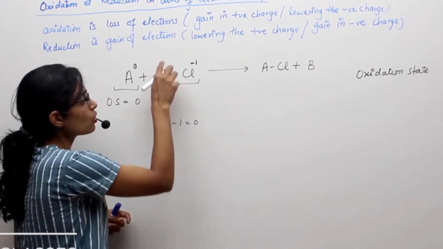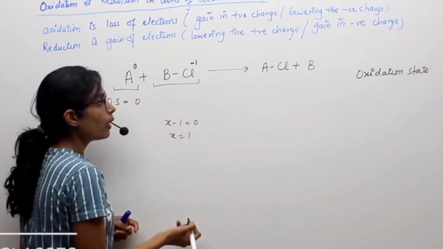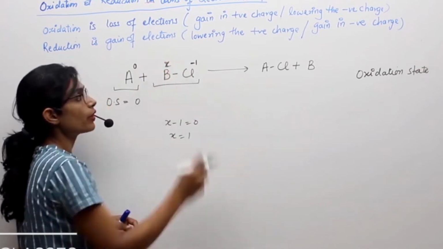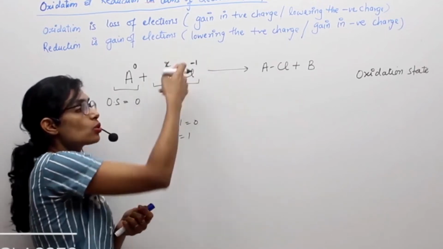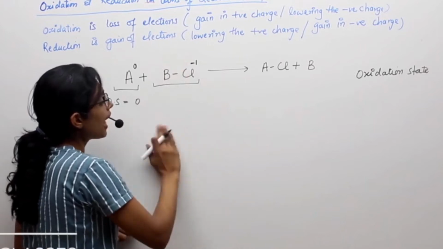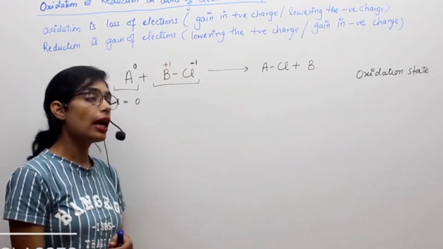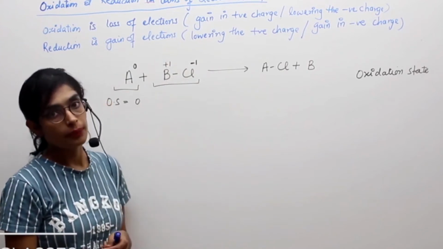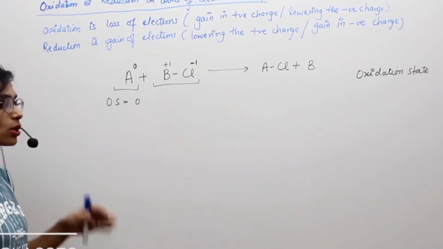So what would be the valency of B, or the oxidation state of B? x is equal to 1. I assume there is x valency over here. Little common sense, both would be of equal quantity, that is why there is no charge on the molecule, correct? So I have got it that B has current oxidation state +1 and Cl has -1, correct? If you don't know the valency or oxidation state of anything, that's how you calculate.